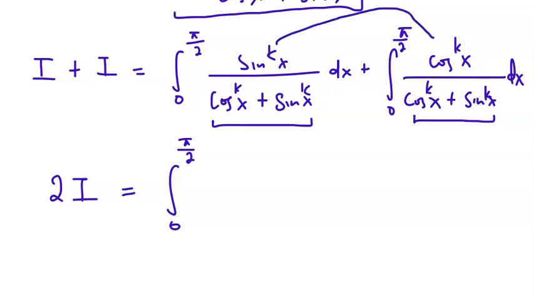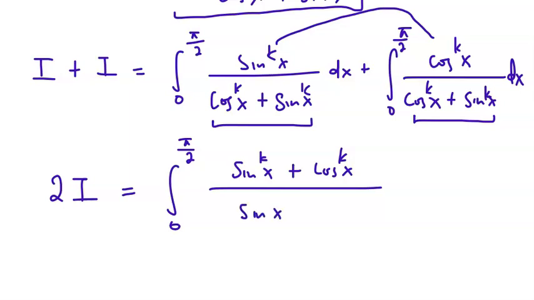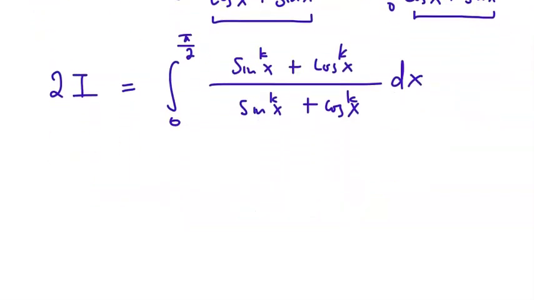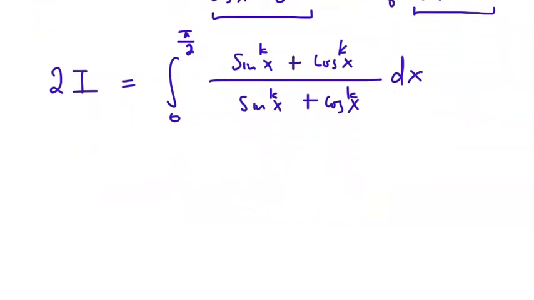So up there we have the sine of x to the power of k plus the cosine of x to the power of k, divided by, we choose any of the denominators since they are the same, the sine of x to the power of k plus the cosine of x to the power of k, and we have our dx. But there's a miracle here. Can you guess? This here is equal to 1, right?